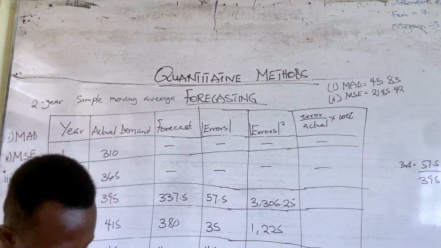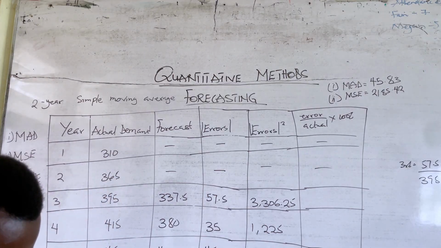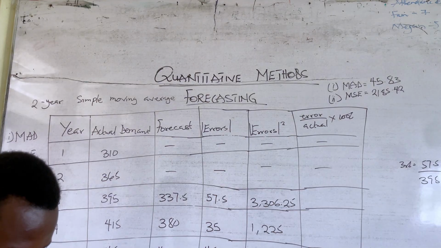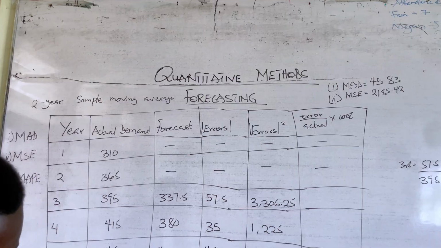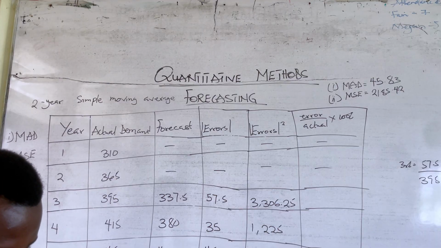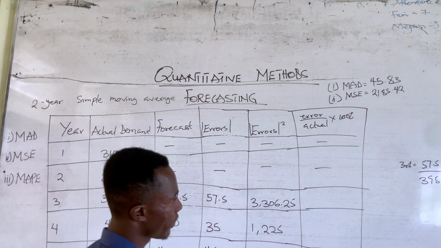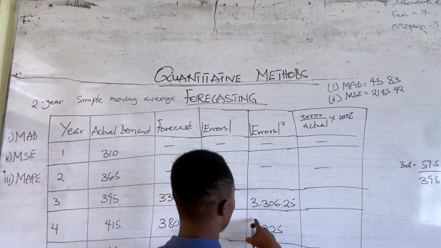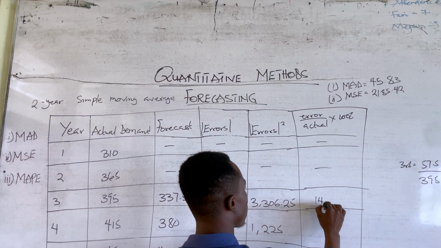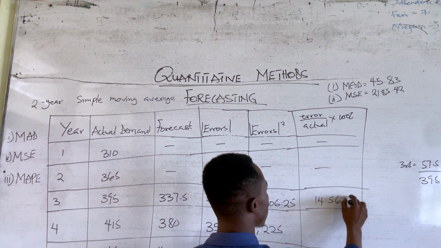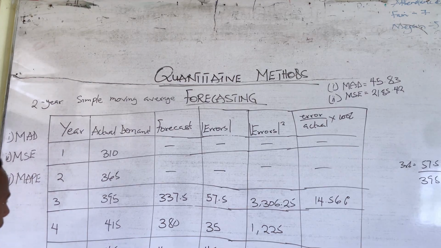So what are we getting? We have 57.5 divided by 395. Okay. Multiplying by 100. We have 14.56%. Right. So when we come here, we have 14.56%. Okay. Then we come to the fourth year.